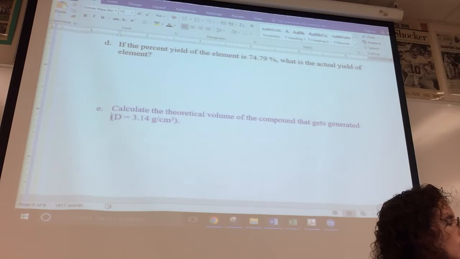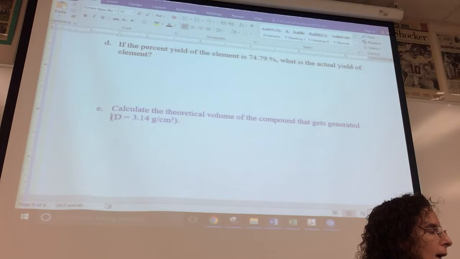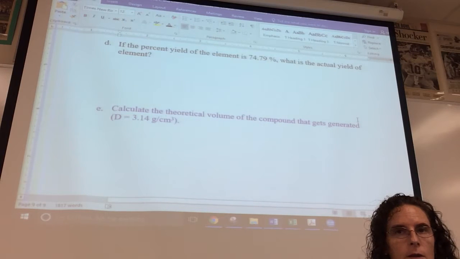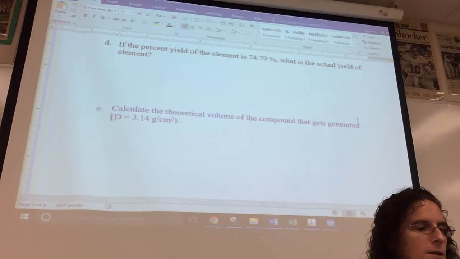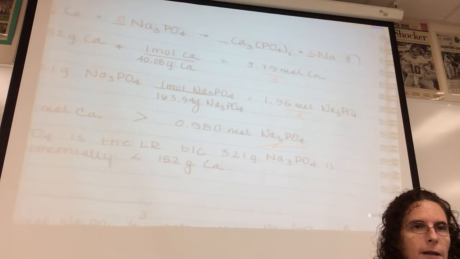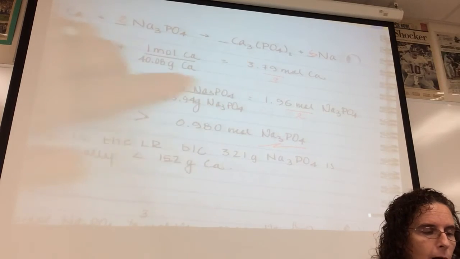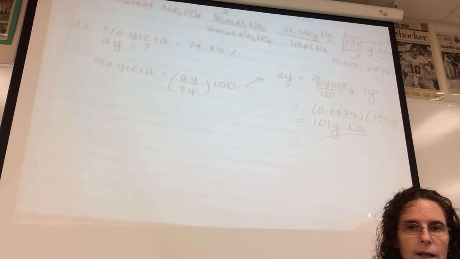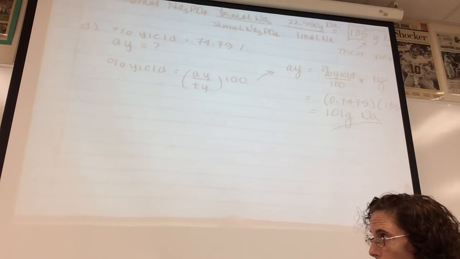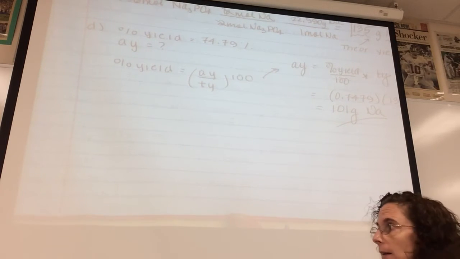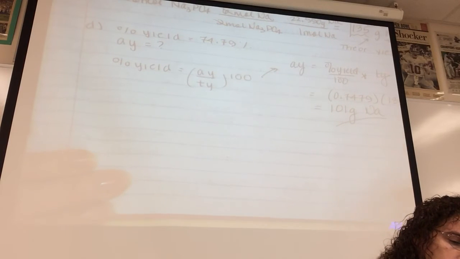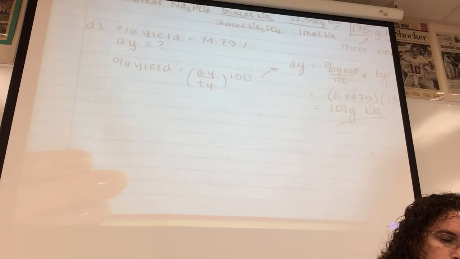It says calculate the theoretical volume of the compound that gets generated. Look at your balanced chemical equation. What compound gets generated? Calcium phosphate. So if we're looking for the theoretical volume of the compound that gets generated, then we're looking for centimeters cubed of calcium phosphate.